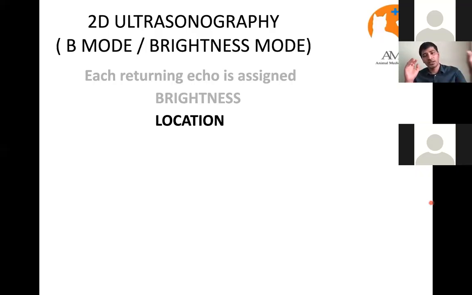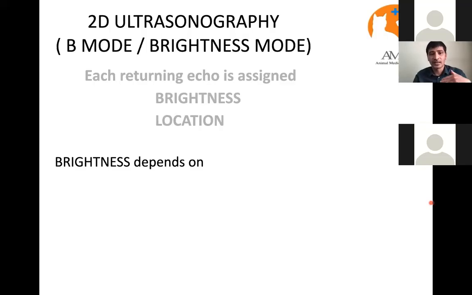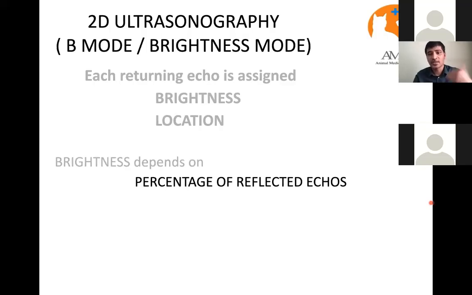So first, echo leaves the probe and it returns back to the probe. And when it returns, depending upon the time travelled by the ultrasound wave and the medium that it goes through, it is given brightness and location. So the brightness and location will be assigned depending on the percentage of reflected echoes. So this is very important.